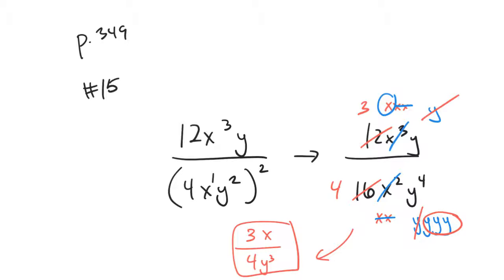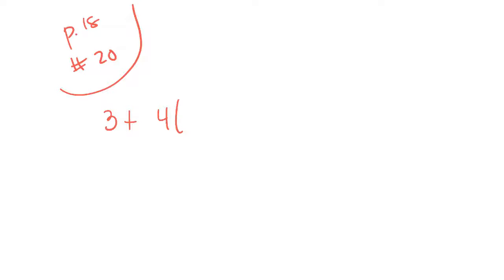All right, so something like this. This is page 18, number 20. This is just a random one I'm pulling out of here, okay? So it says 3 plus 4 times the quantity x plus 1 equals 3 plus, and then it says 4x plus 4 times 1.